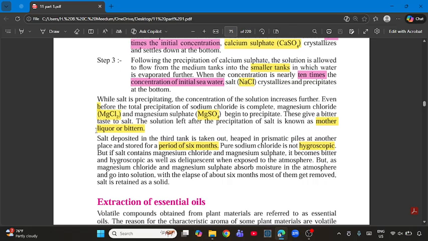Magnesium chloride, MgCl2, and magnesium sulfate, MgSO4, begin to precipitate. This gives a bitter taste to salt. The solution left after the precipitation of salt is known as mother liquor or bittern.